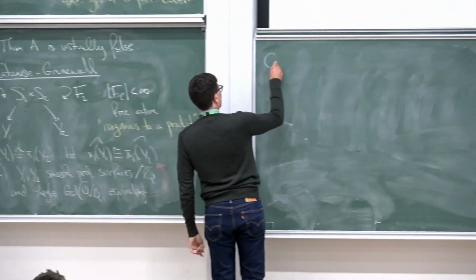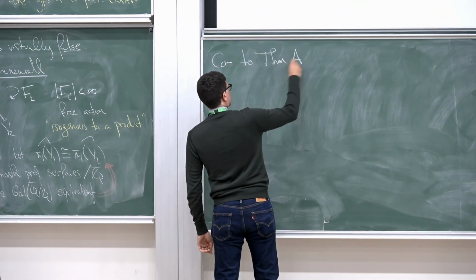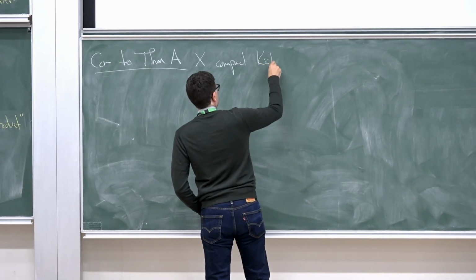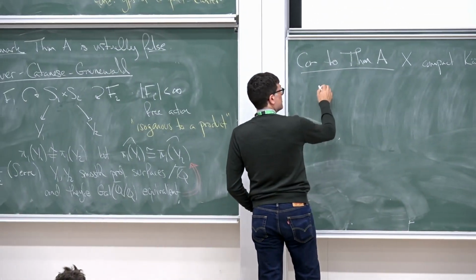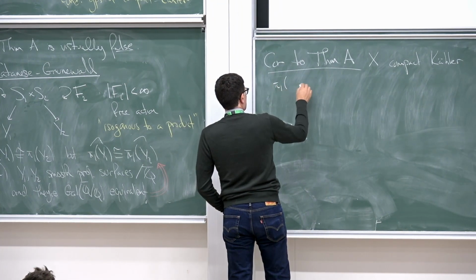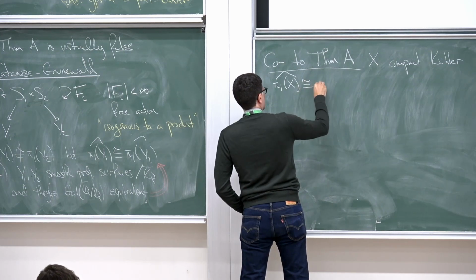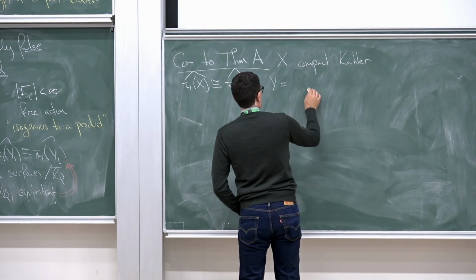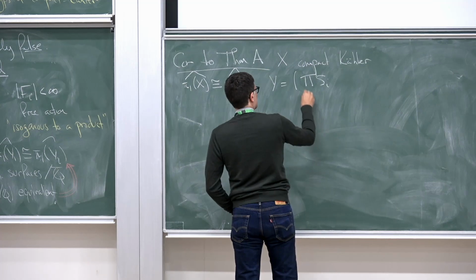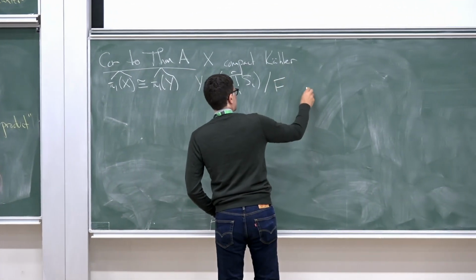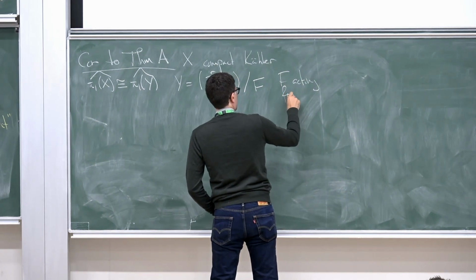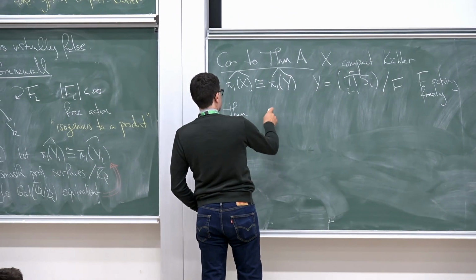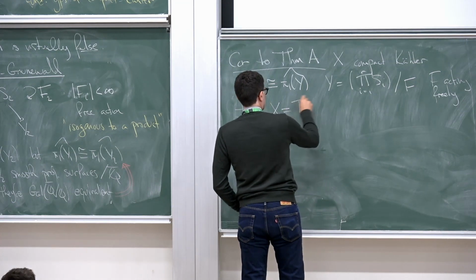And so a corollary to Theorem A is: if you have X compact Kähler, and the profinite completion of pi_1 X is isomorphic to the profinite completion of pi_1 of Y, for Y, let's say, even an arbitrary product of higher genus surfaces modulo some finite group acting freely on the product, then X is also such a quotient.